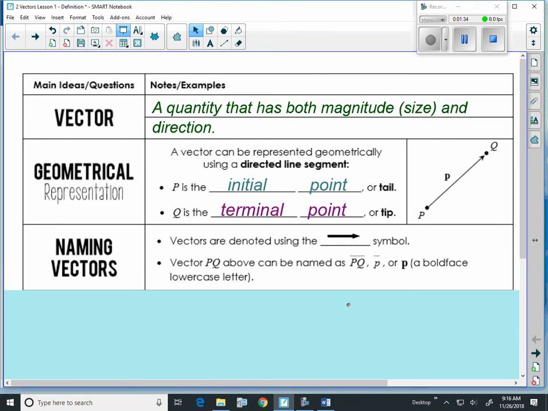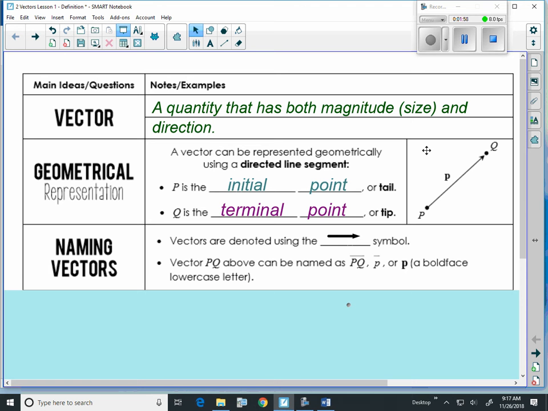Okay, and when we write vectors, for example, if I say vector AB, you would write AB with an arrow above it. Okay, that's how we write a vector. You can also write it using the initial point, so maybe just P with an arrow.